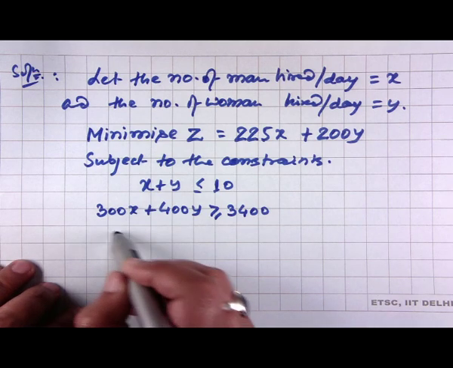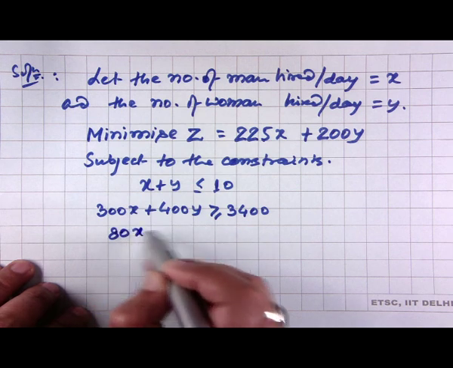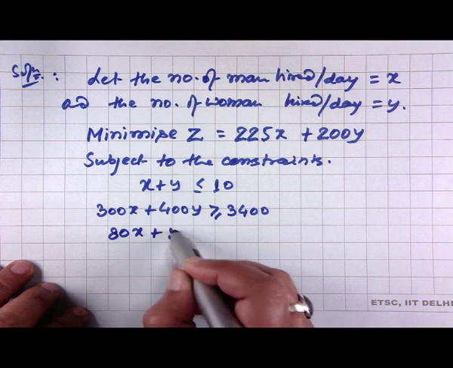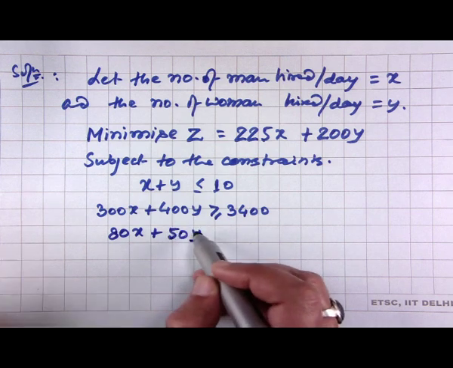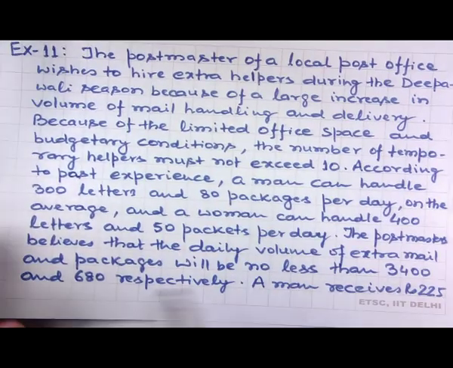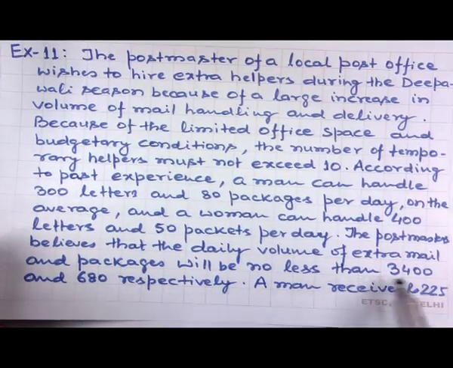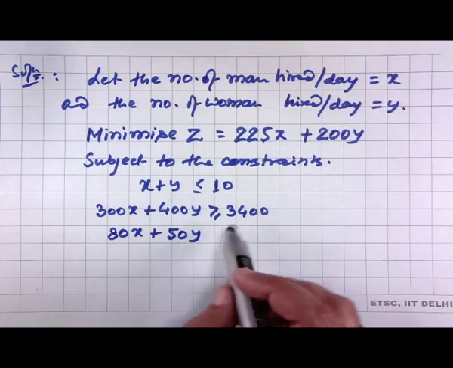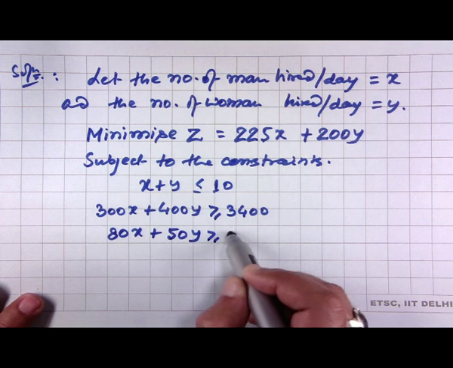So 80X plus 50Y is greater than equal to 680.